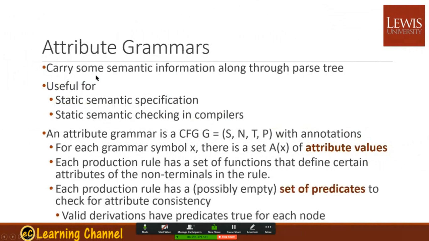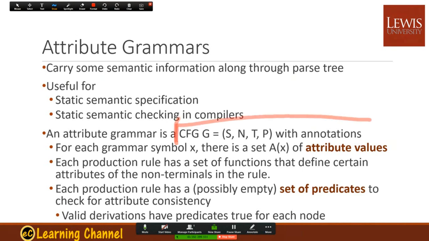So attribute grammar carries some semantic information along through the parse tree. It is used for static semantic specification and static semantic checking in compilers, and an attribute grammar is a context-free grammar with annotation. So here is something important.